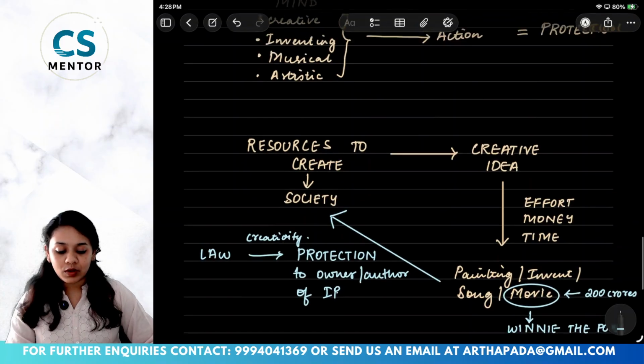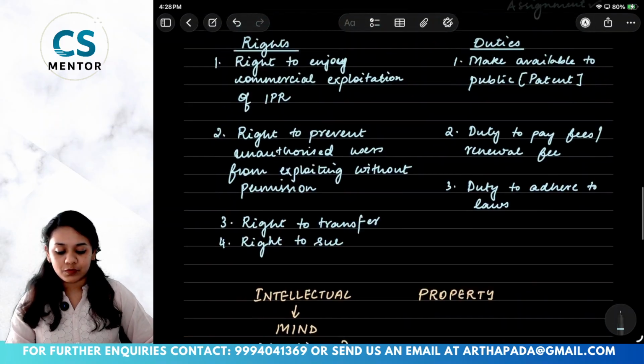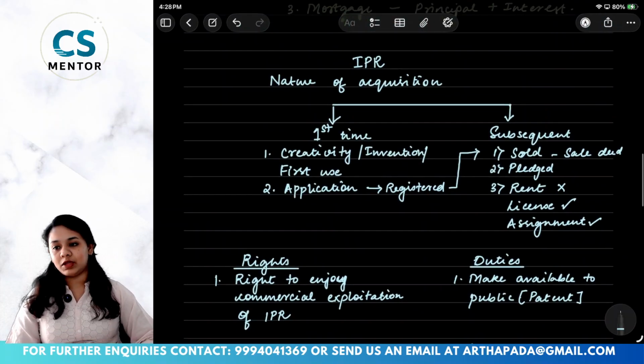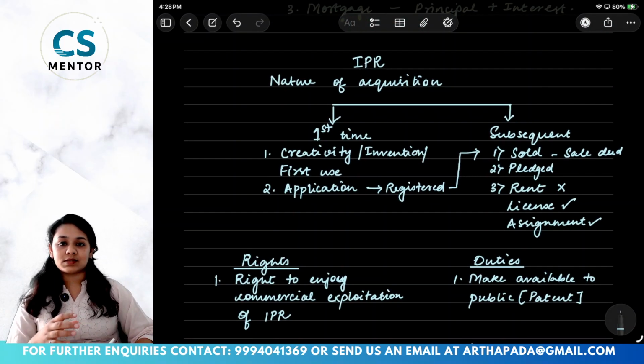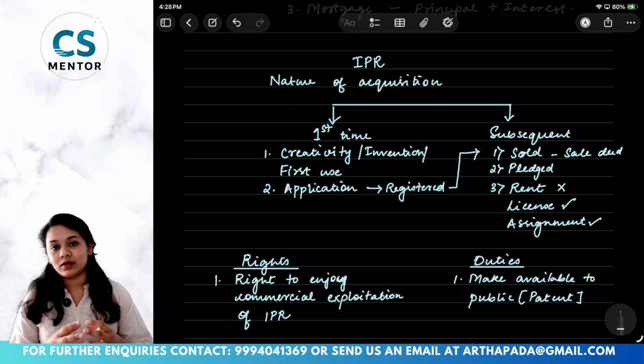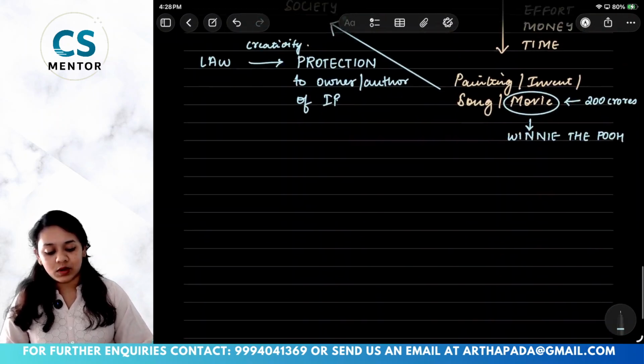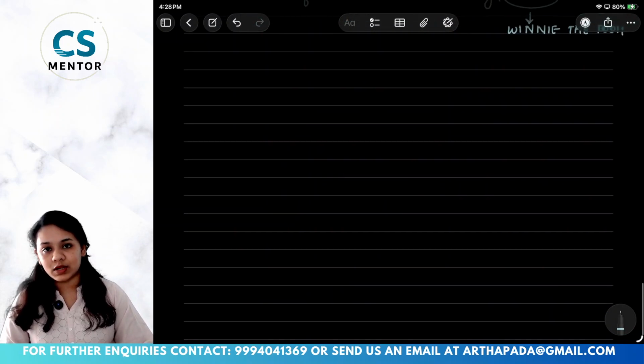So now come back to the concept of your rights, duties, your nature of IPR, right? So, yes, when you have a property, you are protecting the intellectual character of that property. Now, let's try to understand one more concept with respect to intellectual property.